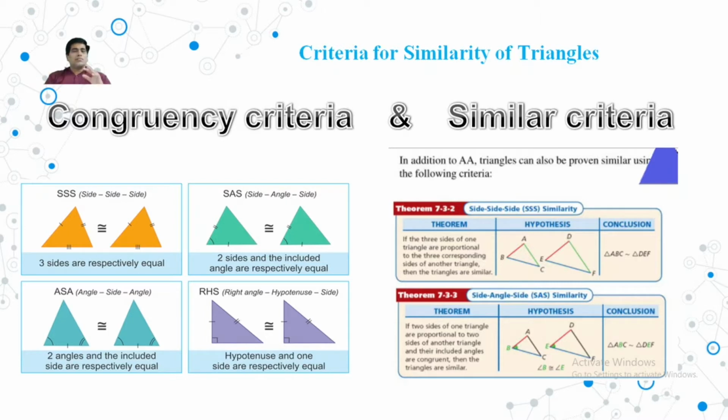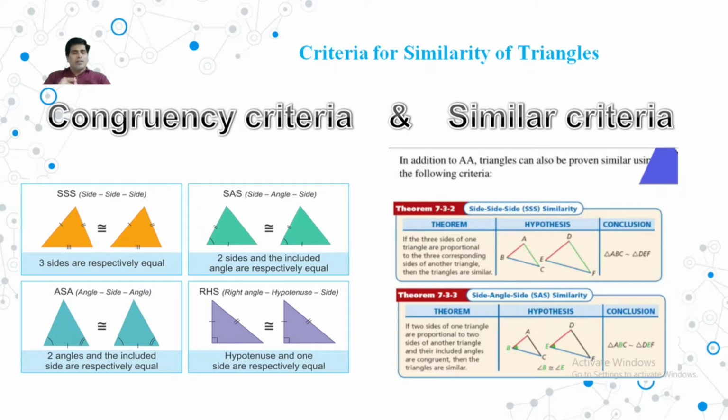So first let us discuss the congruency criteria. We have the SSS criteria: if 3 sides are respectively equal in both triangles, then the two triangles are congruent.